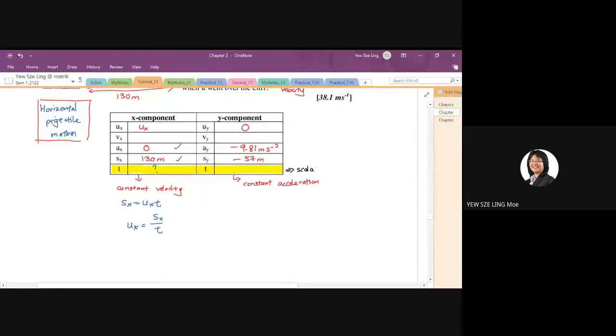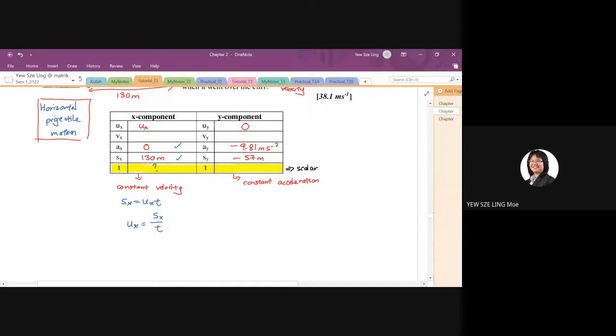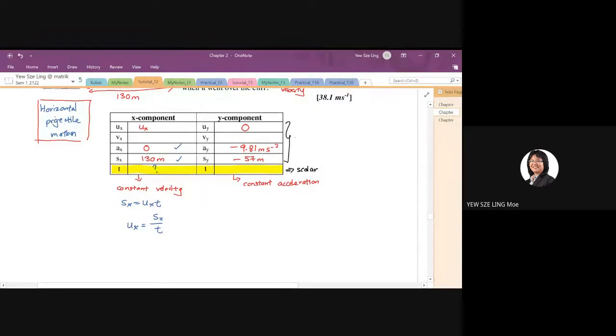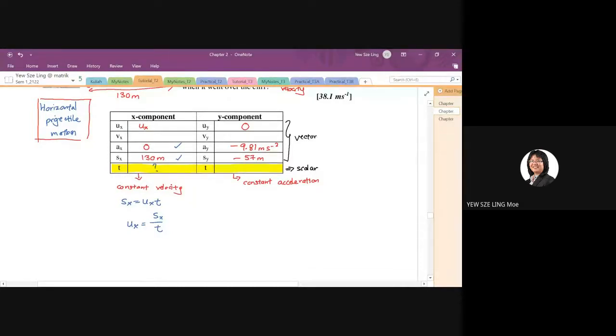So you can use the time from the y component for the x component. But the other four variables are vectors, so you cannot mix them. You cannot mix x and y components in one equation. If you want to calculate the information for the x component, everything must be from the x component. If you want to calculate the information for the y component, everything must be from the y component, except for time.